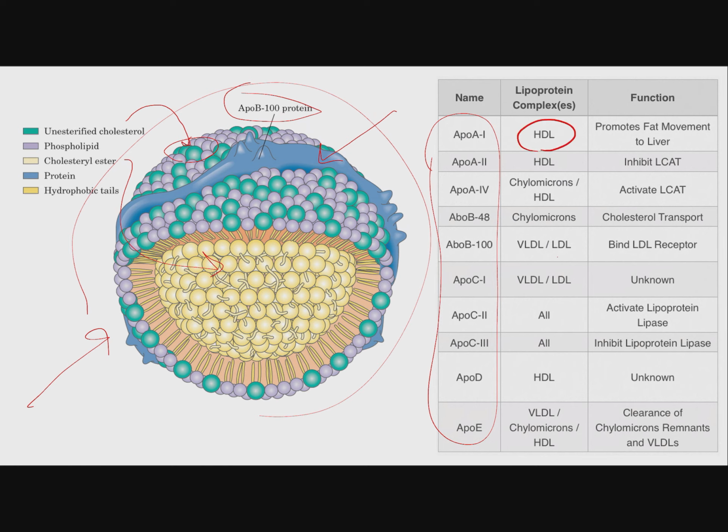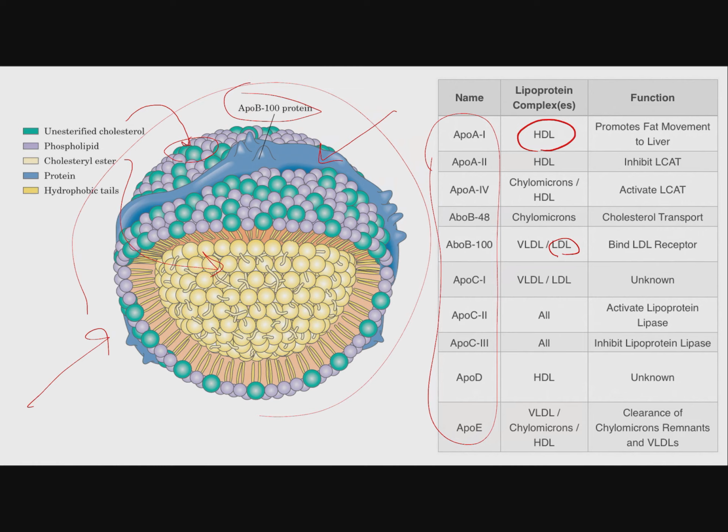I'll show you the composition of these in a minute, so don't worry. We have low density lipoproteins, LDLs. We have the intermediary ones, the IDLs. Then we have very low density, VLDL, and then chylomicrons, which are the smallest ones.